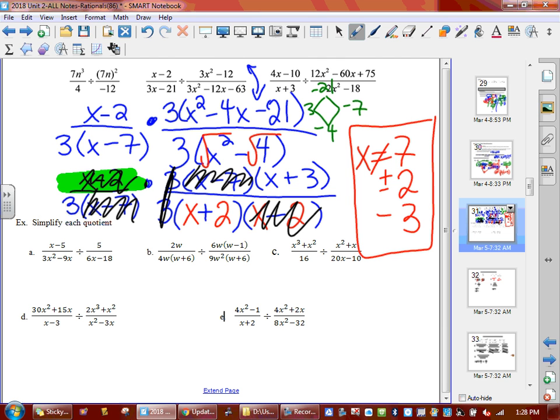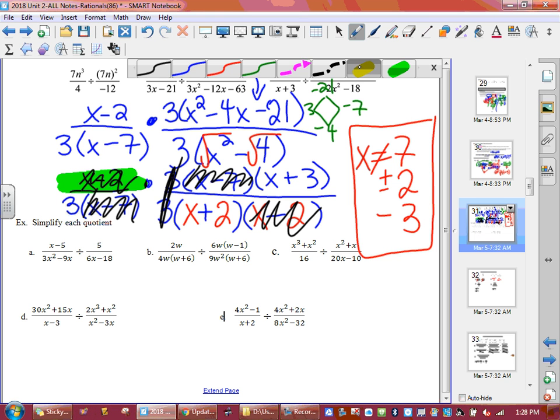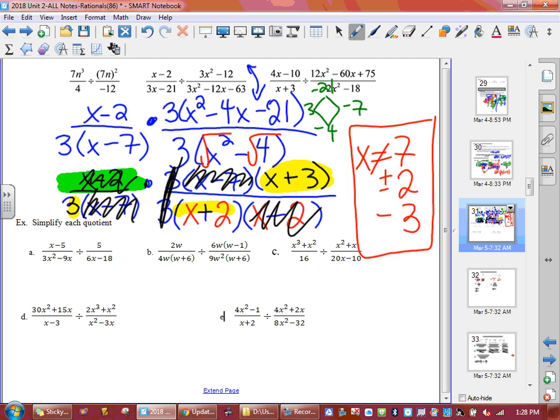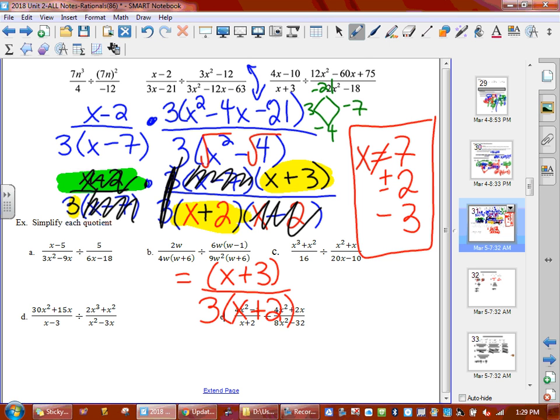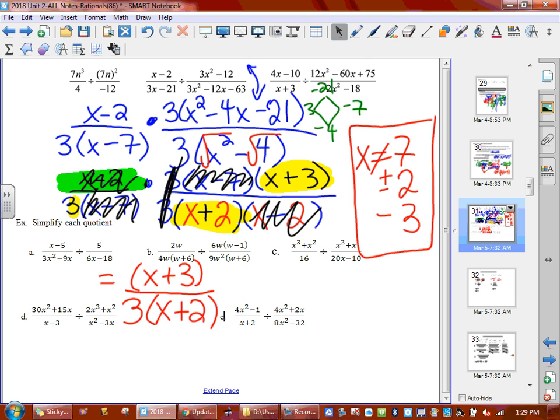So we've got this left over upstairs, 3, and a bracket left downstairs. That will be our final answer. So I'm just going to write it down here. We're going to have x plus 3 over 3 times x plus 2. Okay, so that becomes our final answer. Okay, in red here, that becomes your final answer.